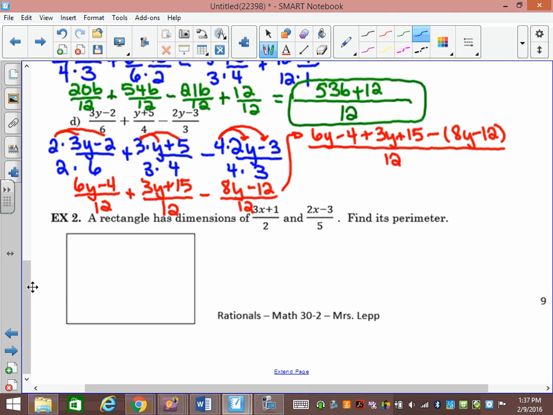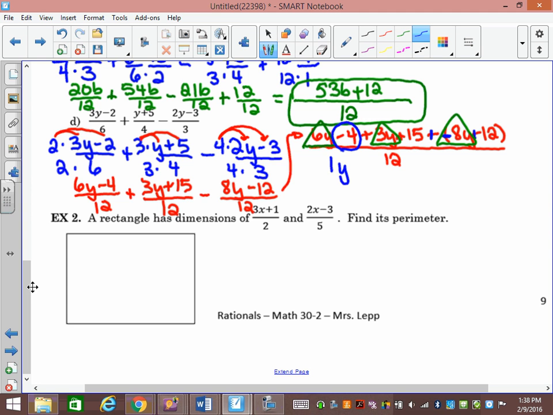Now that minusing 8y minus 12, all you're really doing is you're going to have a positive 12, a negative 8, and then you're adding them, right? It just changes all the signs behind. So you can do that in another step, but I don't have a lot of room, so I'm going to do that. Now we collect like terms. 6y plus 3y minus 8y. 6y plus 3y is 9, minus 8y is y, 1y.